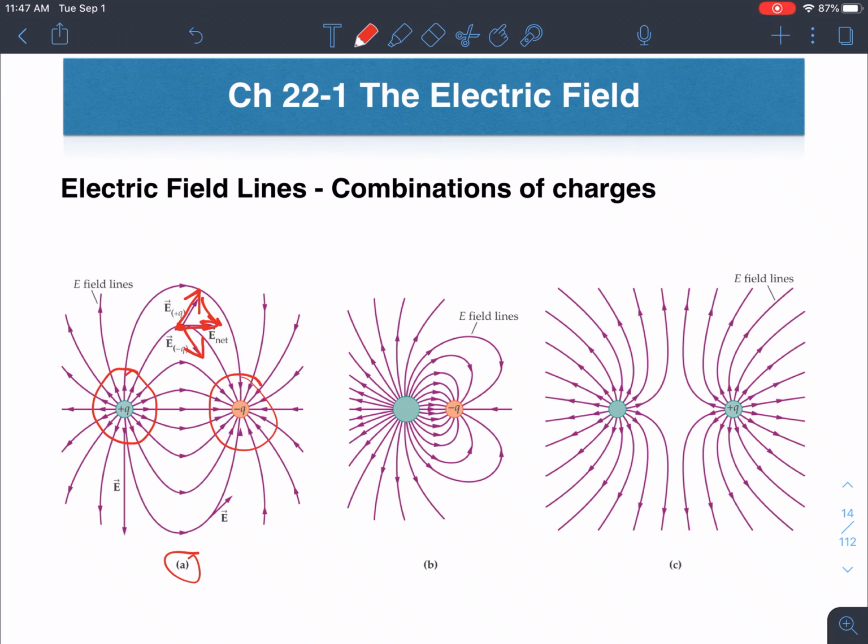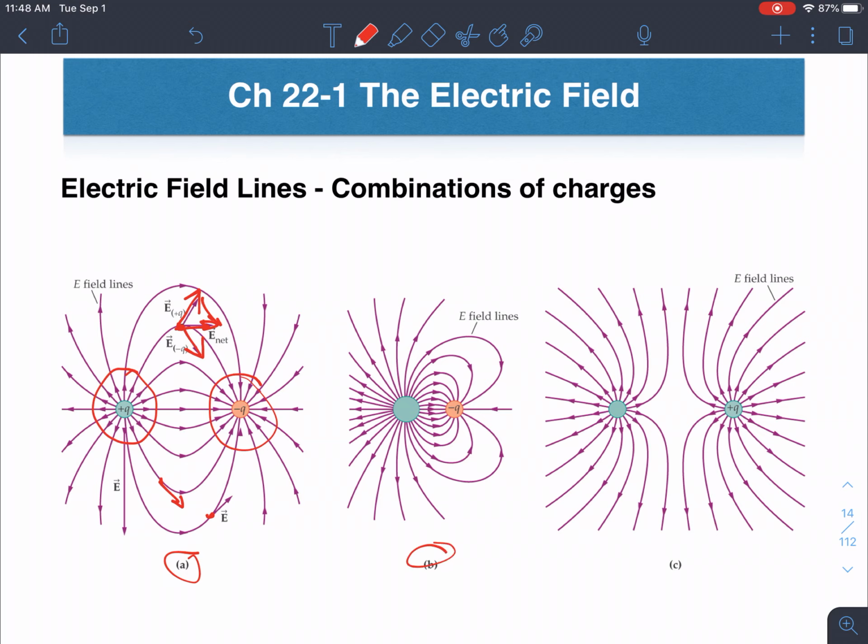Okay, and you can do that at any point again. And if you look at the electric field lines, you can also say at this point, this is the electric field line, so it's going to be tangent to the line, and that's the net electric field. Okay, and here, for example, the net field is this way, and so forth.